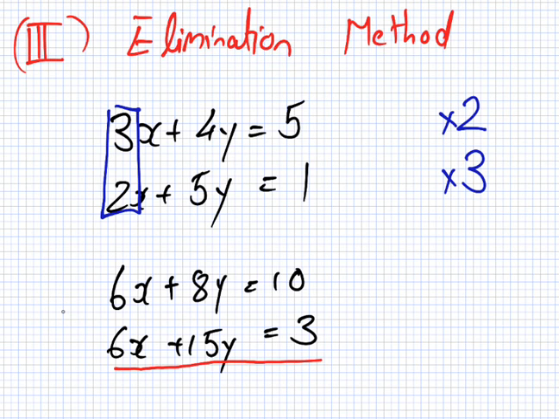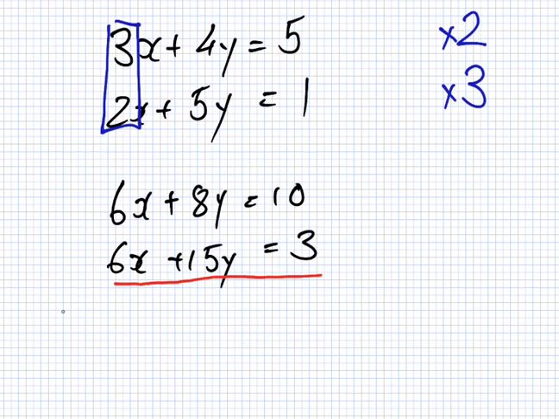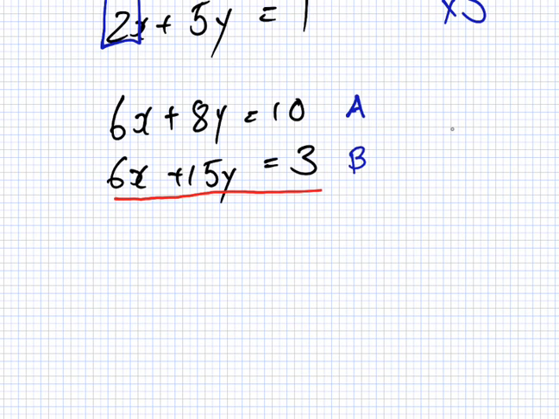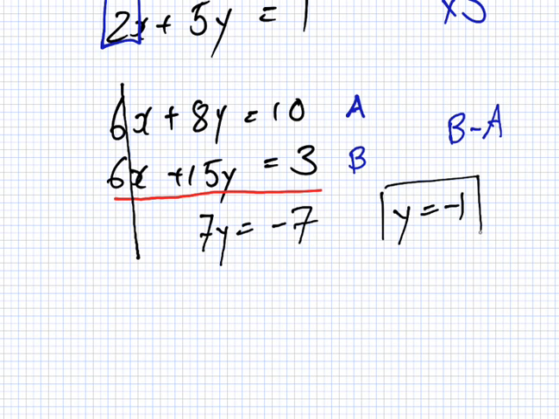So I have 7y equals minus 7. So, y equals minus 1. Let's write that down. So I'll do here, if I call this one A and this one B, I'll do B minus A. These are gone. That's 7y equals minus 7. So therefore y equals minus 1.